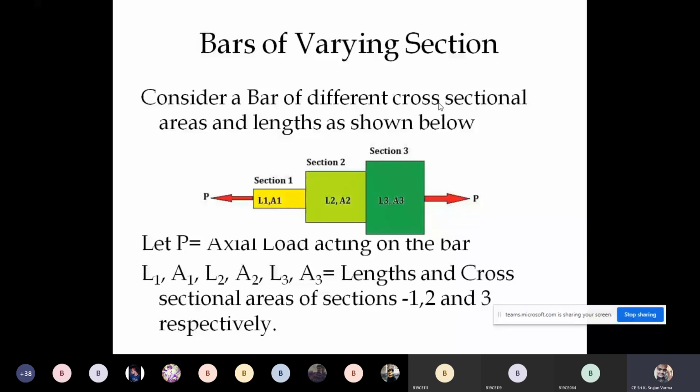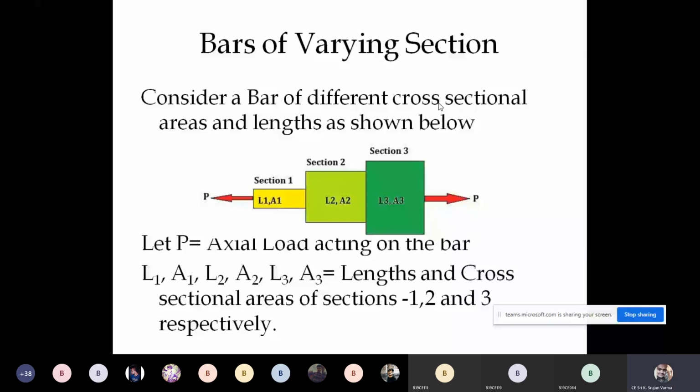Now, what will happen to sigma 1, sigma 2, and sigma 3? They will be varying again, right? And stress is inversely proportional to area. Stress is directly proportional to the load, right? Sigma is equal to P divided by capital A. And when load is increasing, stress will be increasing. When area is increasing, what will happen? Stress will be decreasing. Inversely proportional.